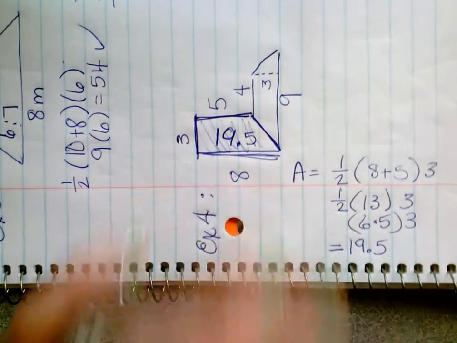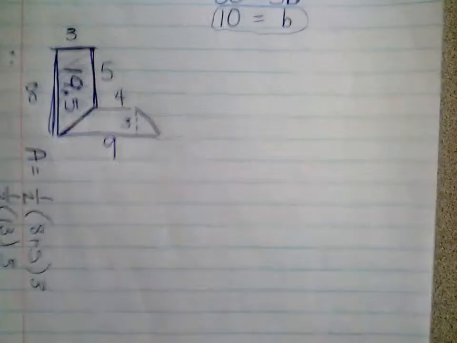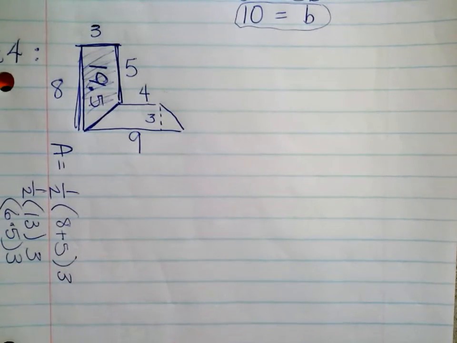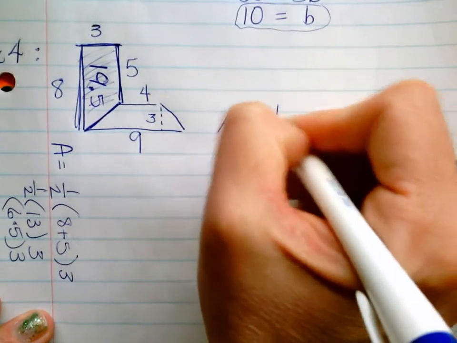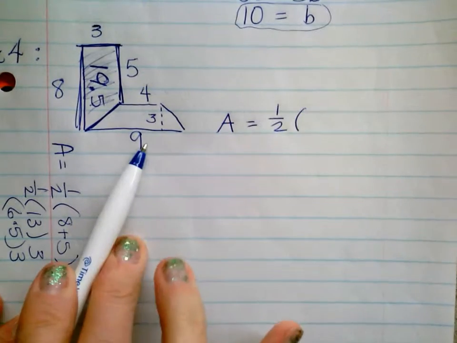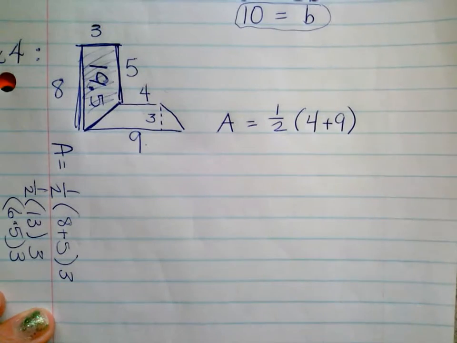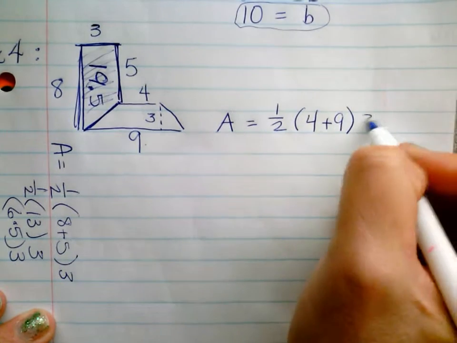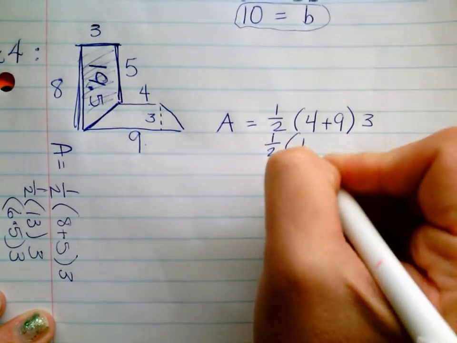Am I done? No. Okay, let's do this one. Area is equivalent to 1/2 the sum of the bases. What are the bases? 4 and 9. Multiplied by the height. What's the height? 3. 1/2 of 13.